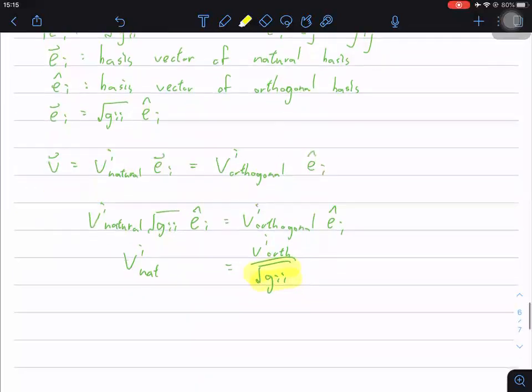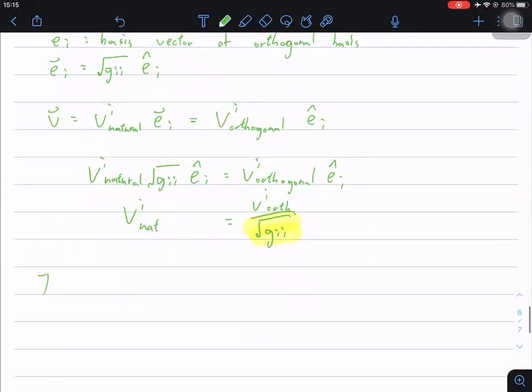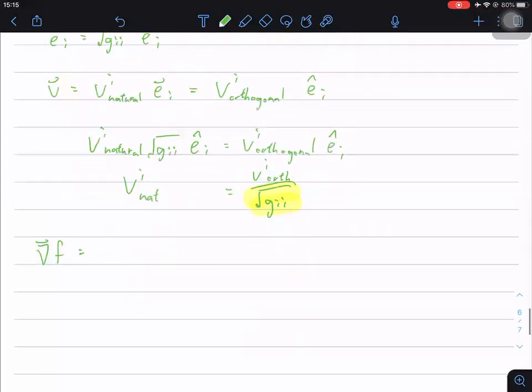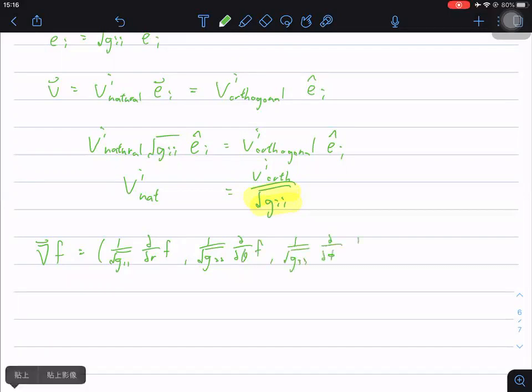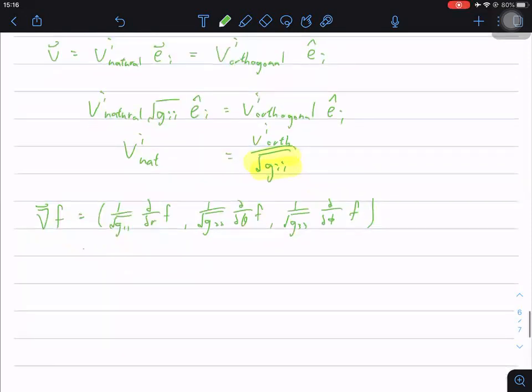Okay, so now we can have the expression for the gradient in the orthogonal basis, which is something like this.